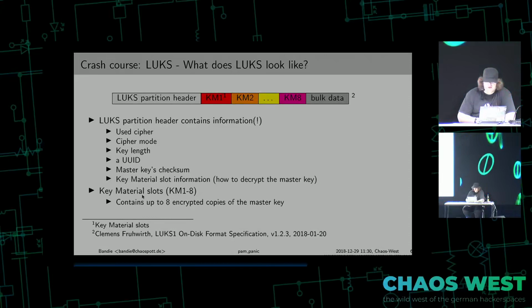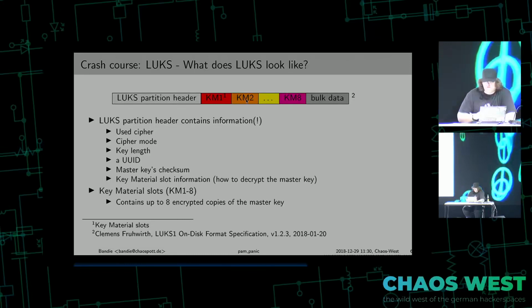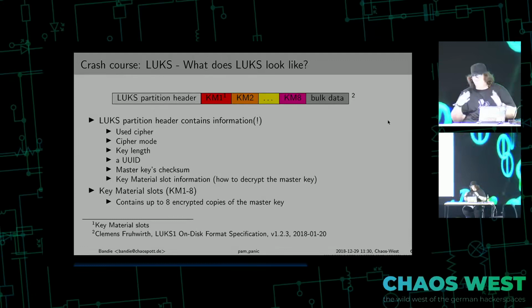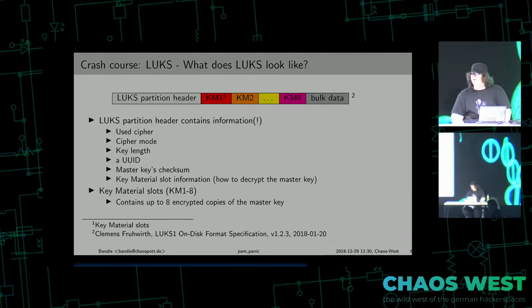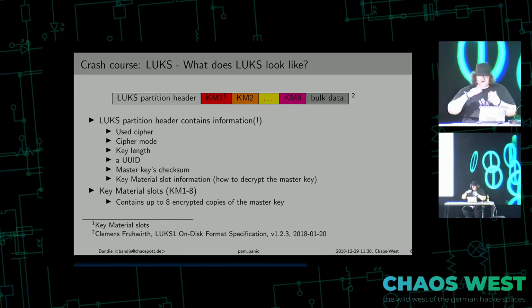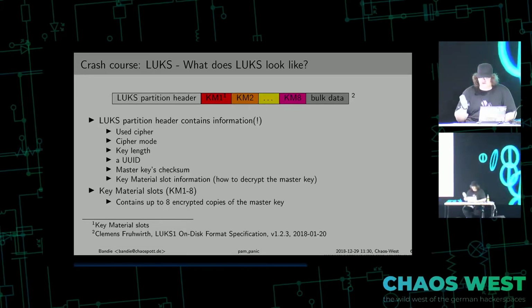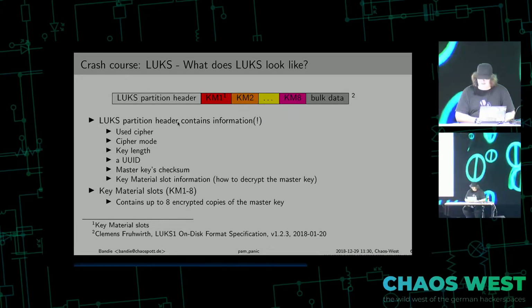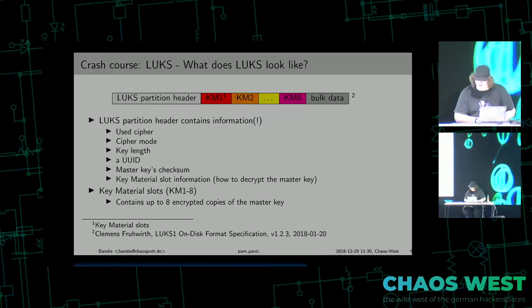We've got the key material slots, the user slots. You can have up to 8, as I said. And we've got the bulk data, the container where all the encrypted stuff, the system, is in. That's how it works.